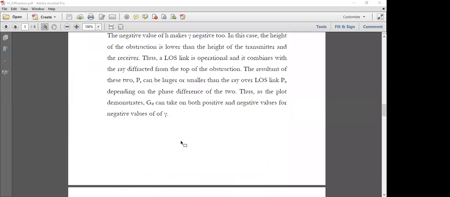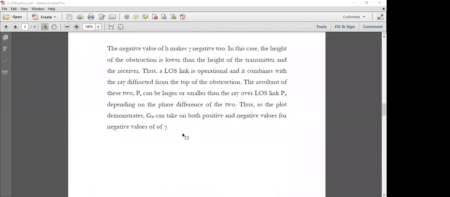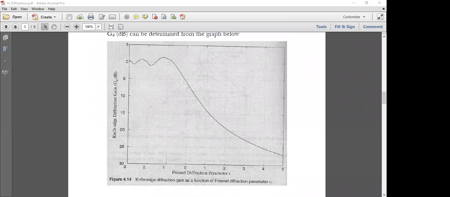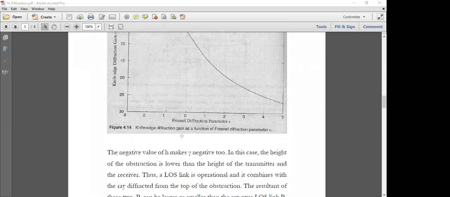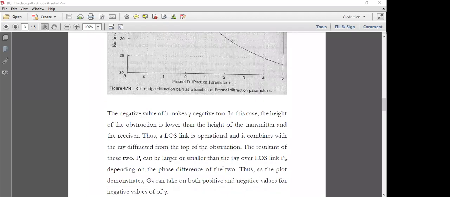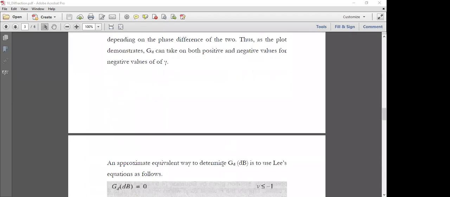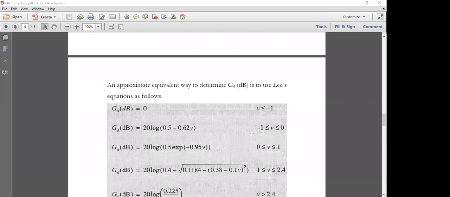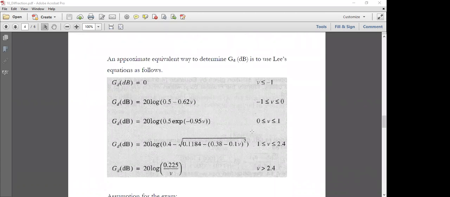Now, there is an approximation of this graph also. These relationships are given by Lee. It's called Lee's equations, where you put the value of nu and calculate G using equations.